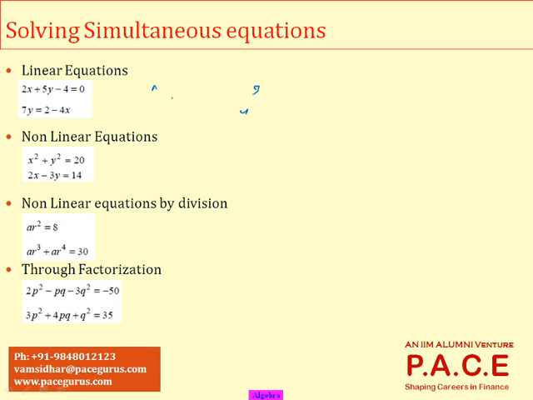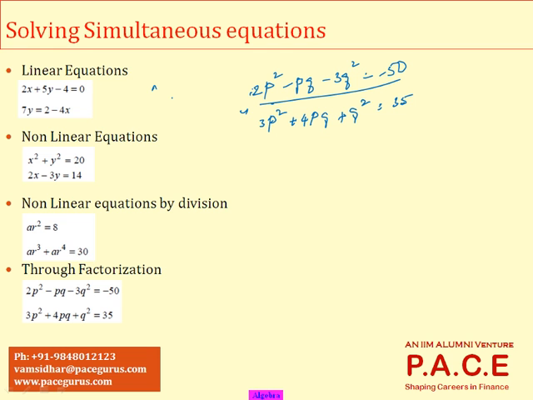So you see this one: 2p squared minus pq minus 3q squared equal to minus 50. Oh, sorry, the other one is 3p squared plus 4pq plus q squared equal to 35.